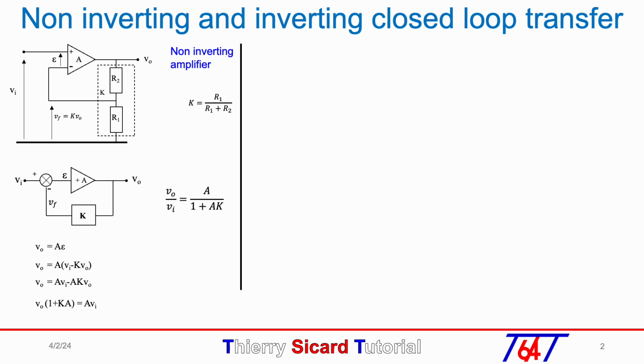The closed loop gain Vout over Vin equal A over 1 plus AK. If the open loop gain AK is much greater than 1, the gain Vout over Vin equal 1 over K, or 1 plus R2 over R1.